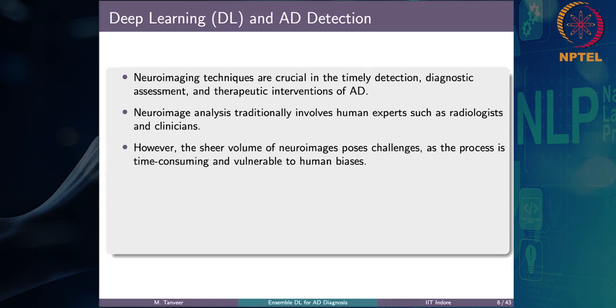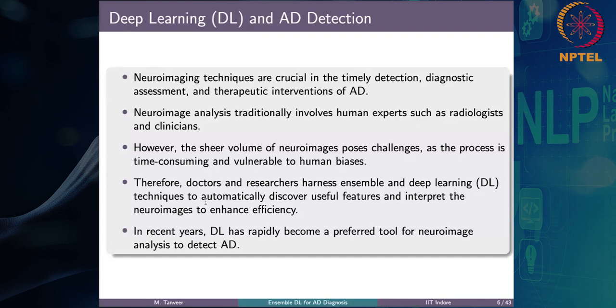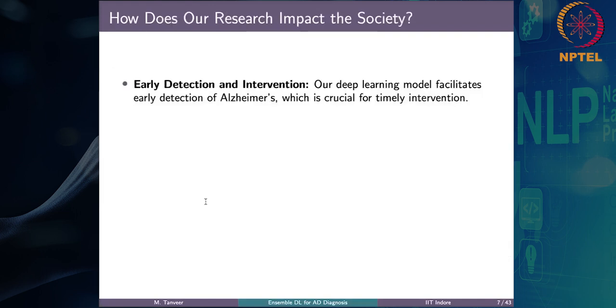However, the sheer volume of neuroimages poses challenges, as the process is time consuming and vulnerable to human error. So doctors and researchers harness ensemble and deep learning techniques to automatically discover useful features and interpret the neuroimages to enhance efficiency. Recently, deep learning has rapidly become a preferred tool for neuroimage analysis to detect Alzheimer's disease.